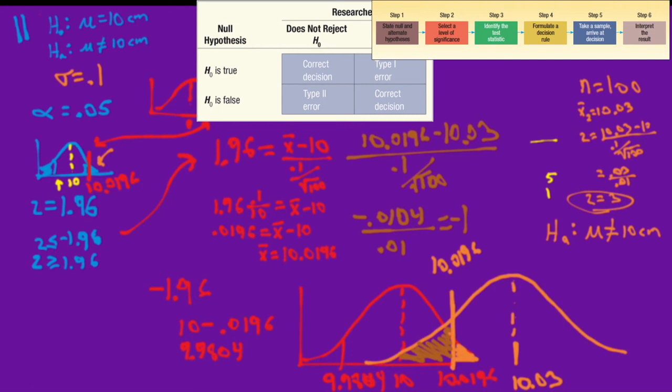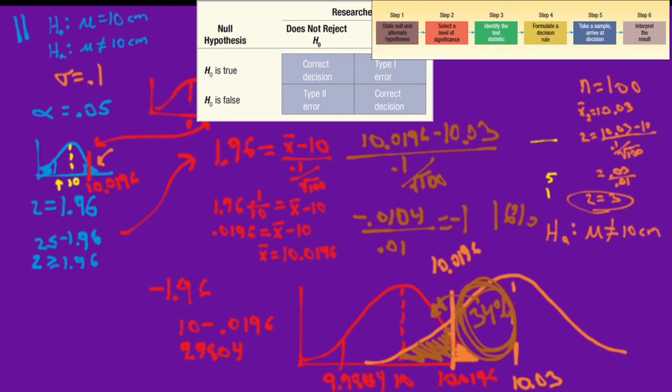You can look up the exact values, but here's the empirical rule at play. That means there's 34% in here, so we have about a 16% chance, right? So 50% minus the 34%, the 34% being between the mean of 10.03 and that 10.0196, which means the other 16% fall below it.